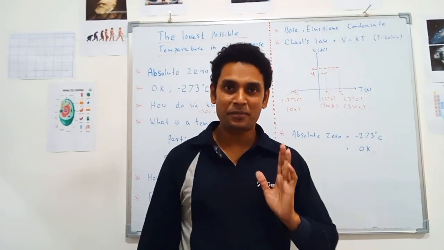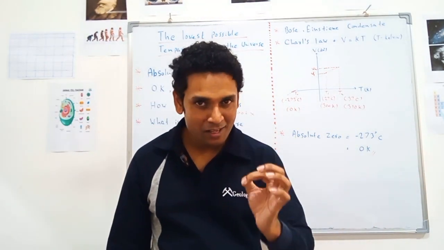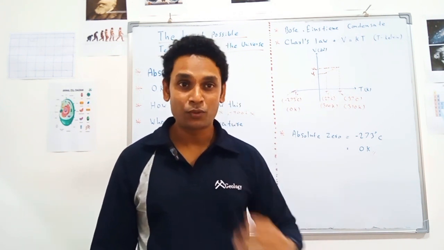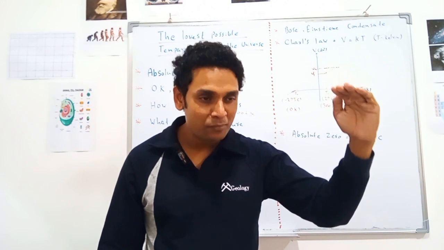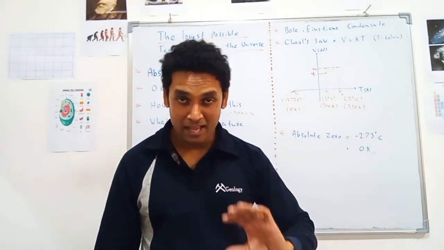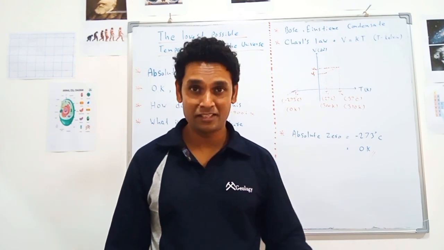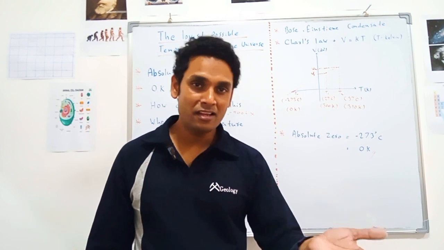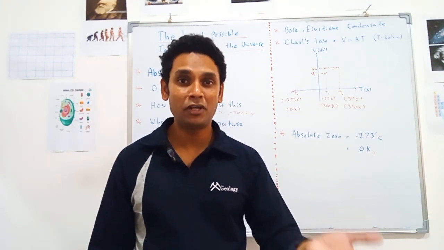At this particular temperature, we don't have any thermal energy of the object further to remove. As the object doesn't have any thermal energy further to remove, we can't obtain any temperature below that.